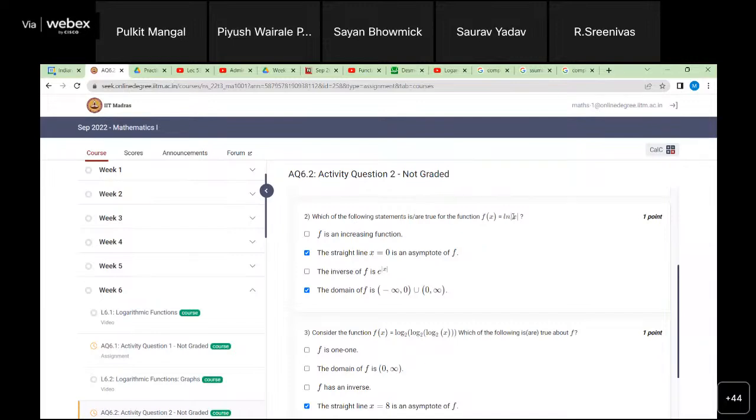How will the graph of this particular function, log of mod of x, look? Let me take this question.